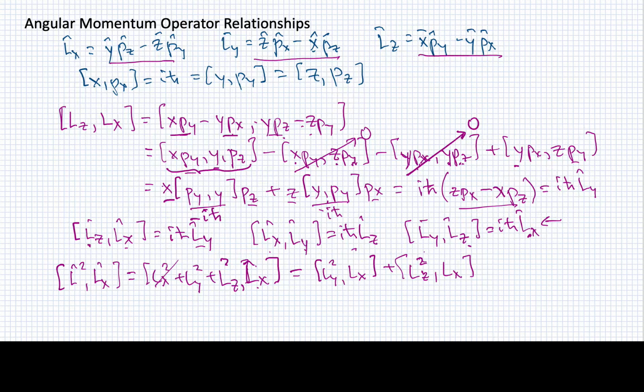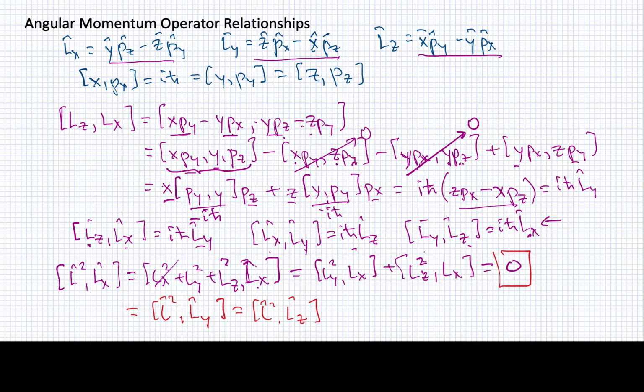It turns out that these give the negative of one another, and so when I add all this up, the commutator of the whole thing is just equal to 0. This is also going to be true for the commutator of L squared with Ly and the commutator of L squared with Lz.